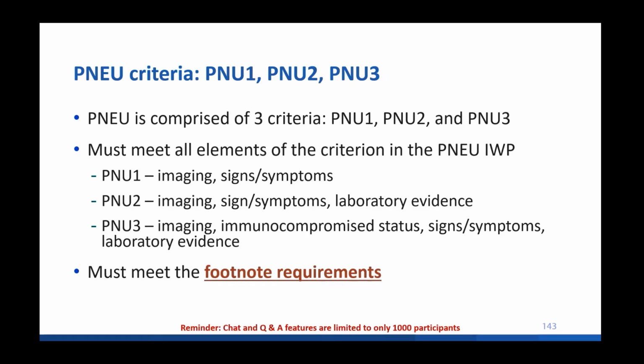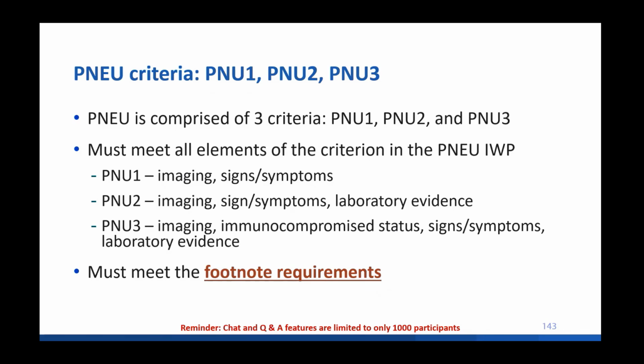Now that we've located the necessary resources, let's start with an overview of the pneumonia definition. The pneumonia surveillance definition can be met with any of the 3 pneumonia criteria: pneumonia 1, pneumonia 2, or pneumonia 3.